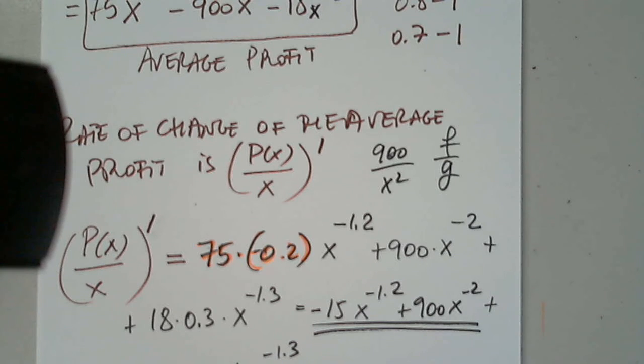Okay, so in y equals, I have negative 15 and multiply by x power. I always like parentheses for these powers because I don't know what type of calculator you have. And then come down and then plus 900 and times x. And again, the power is negative 2.